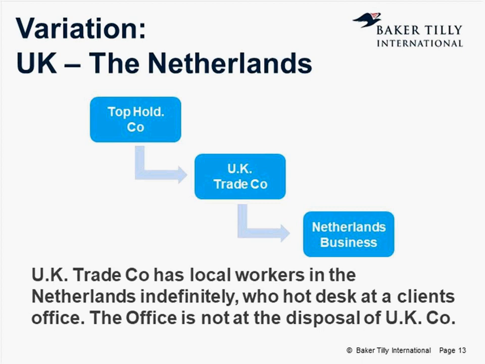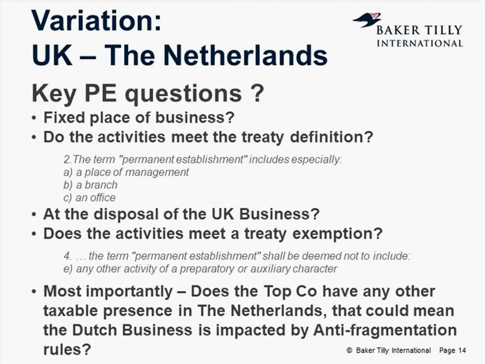You've got to look at what's going on within the group, so that you don't fall foul of, most importantly, the anti-fragmentation rules and the anti-splitting rules that, as has already been shared, are widely drafted and will catch many companies out that aren't expecting them to apply, purely because they came out of the OECD's base erosion and profit shifting initiative.